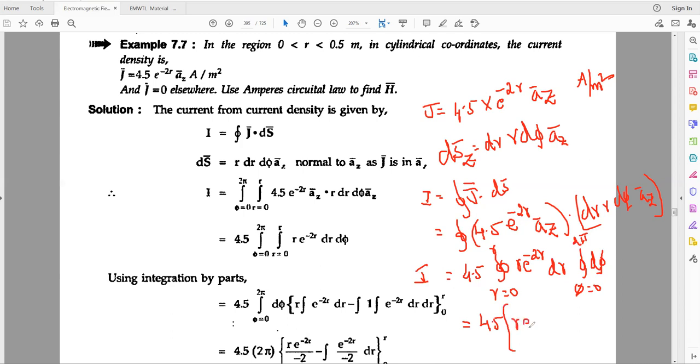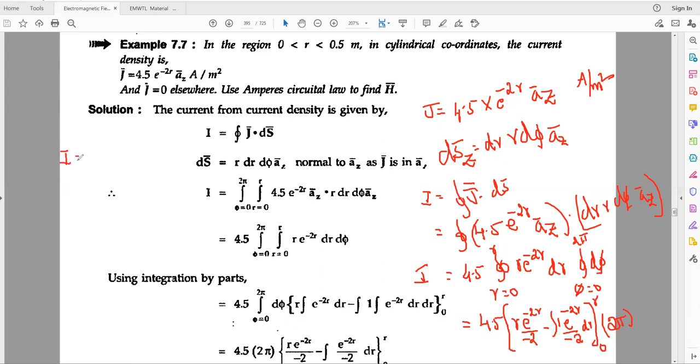By parts is r into e power minus 2r by minus 2, minus another time the integral of 1 into e power minus 2r by minus 2, dr here, and the integral of d phi, upper limit 2 pi, and again it is 0 to r.